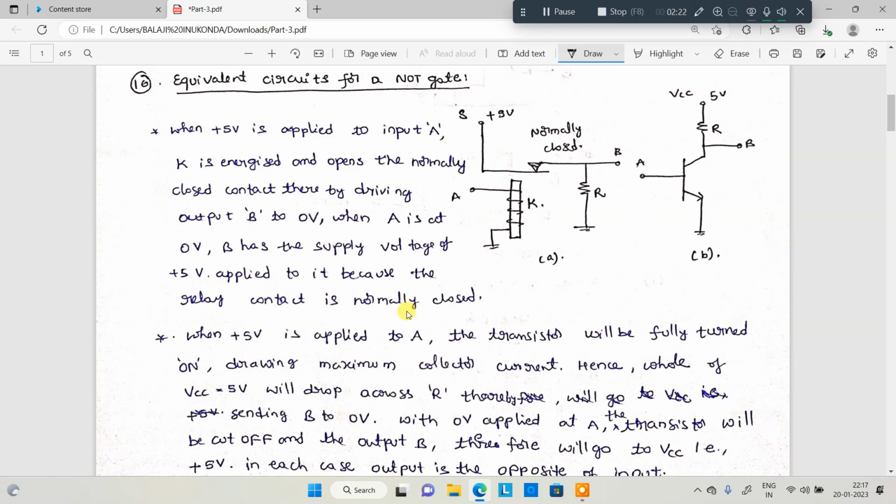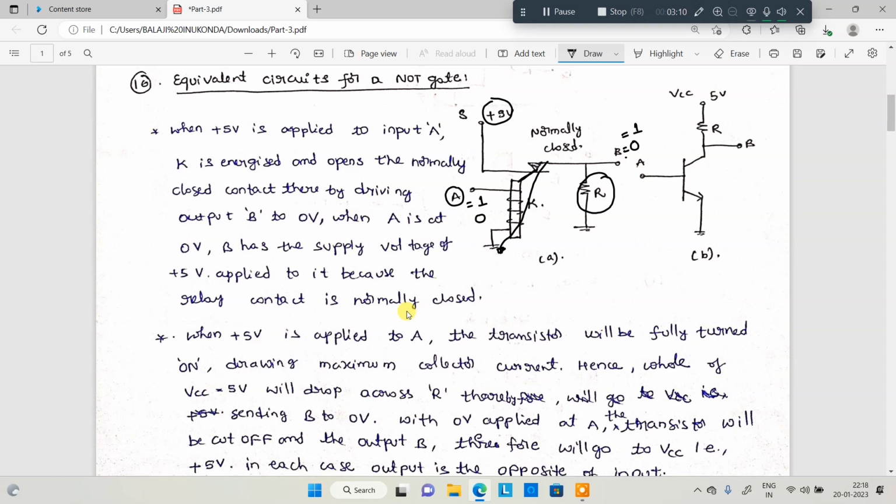In the NOT gate only one relay is present, that is A. Whenever A is equal to 1, this relay is activated, it is attracted, and the 5 volt is grounded, that means it is directly connected to ground. Whenever A is 0, the relay is deactivated, it is not attracted, that means the 5 volt appears across the resistor, so output B is equal to 1.